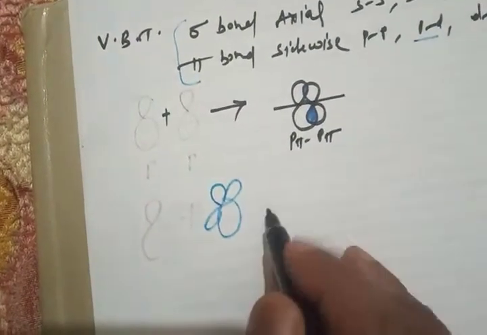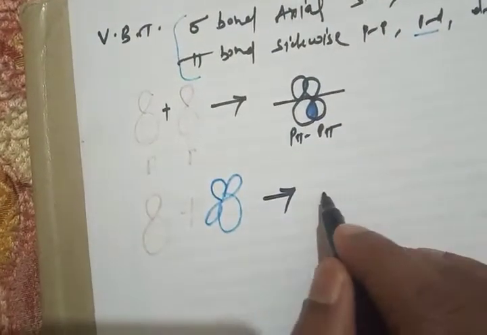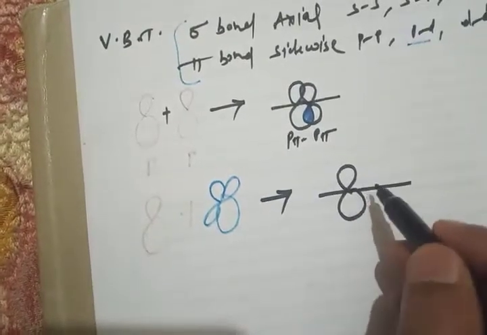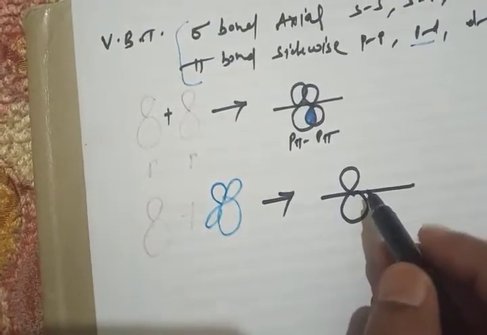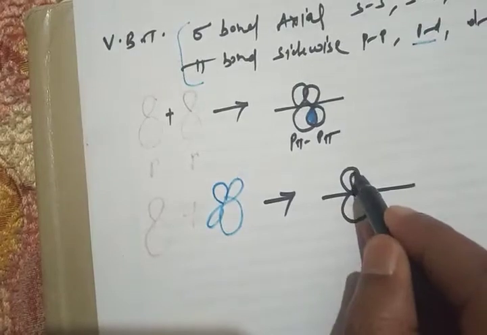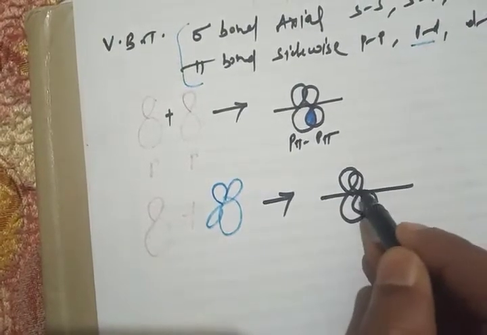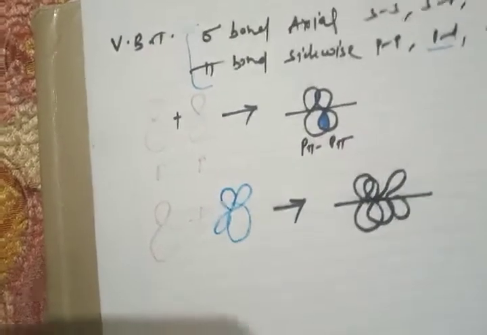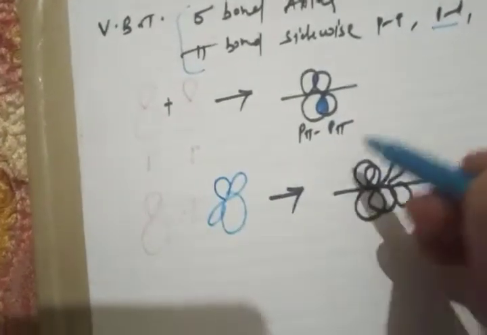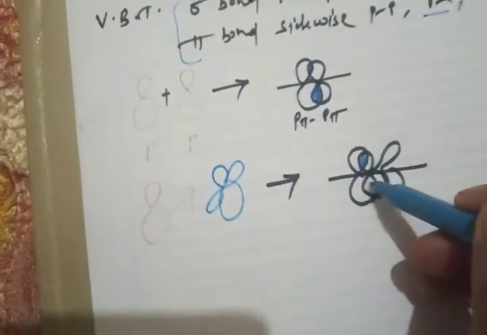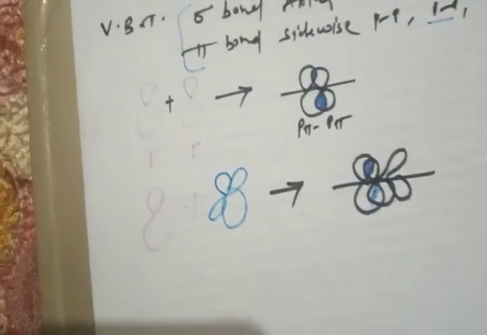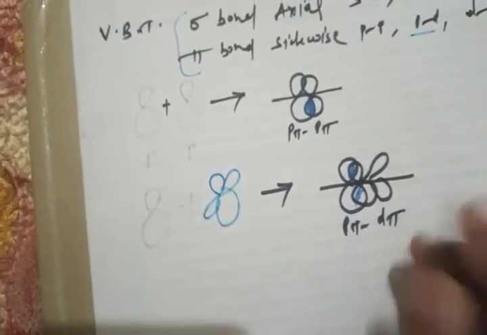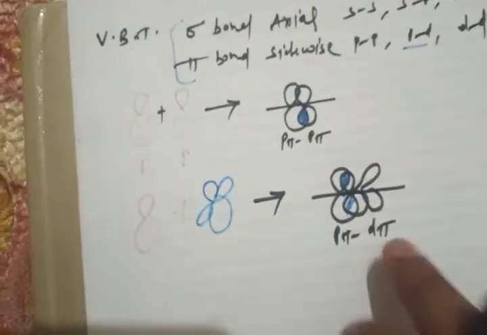So the combination of this will give you, this is how this will combine like this. Okay, so here is the overlapping. So this is the example of pπ-dπ, which is the topic of today's discussion.